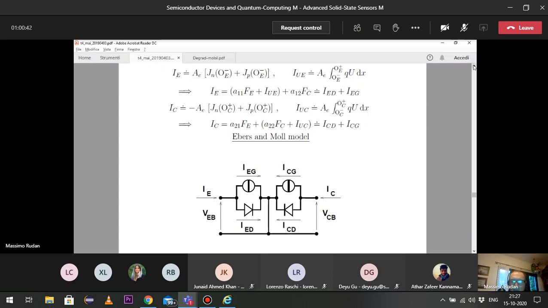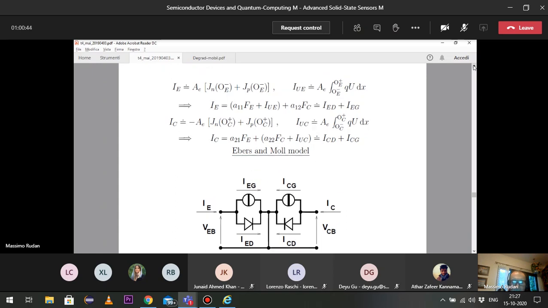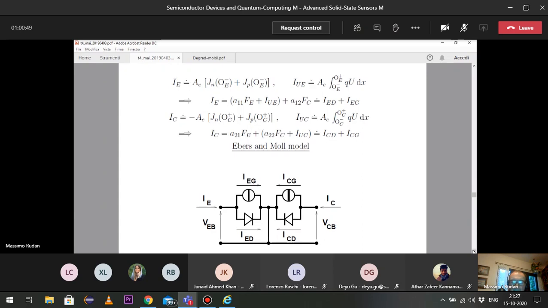Let's try to interpret this result using an equivalent circuit, okay? You remember we are using the base contact as the common contact. So this is also called, as you may remember from other classes, the common base configuration of the bipolar transistor. The base contact is the reference contact, okay?